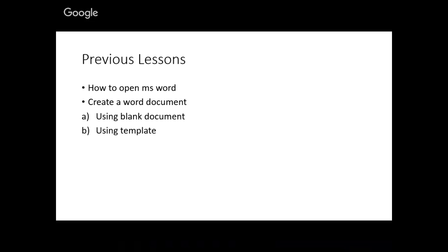Then I also explained that you can use a template to create Microsoft Word documents. And the last one I talked about was that you can create a new document from an existing document, an old document that you already typed.